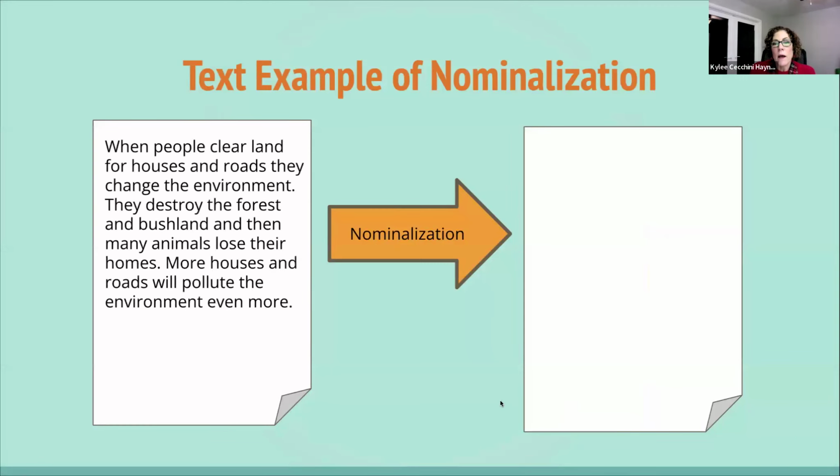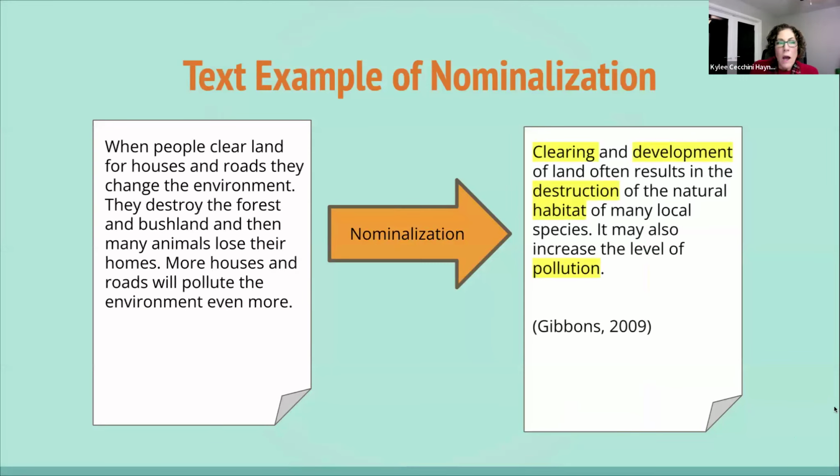So I have this example. One of the reasons why it's done in text and in your textbooks is because you can put a lot more information into one paragraph by using nominalization.